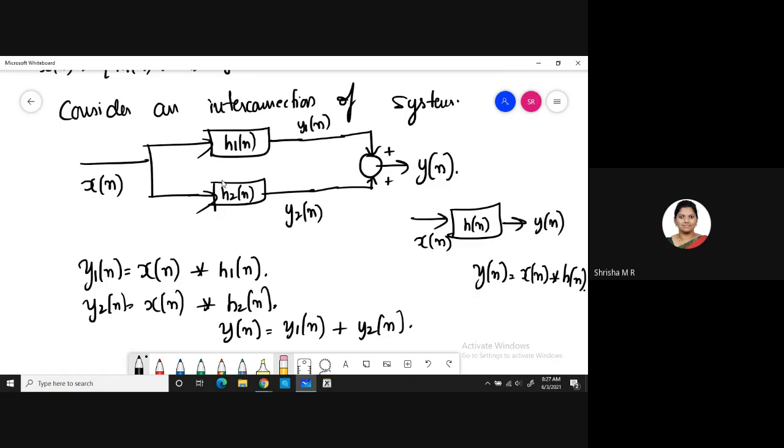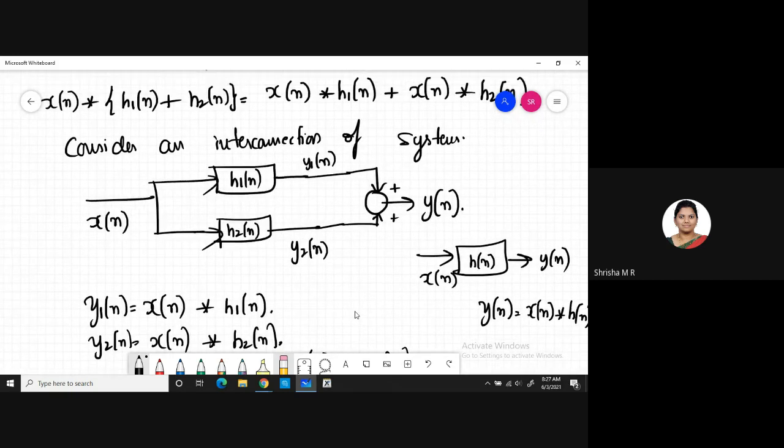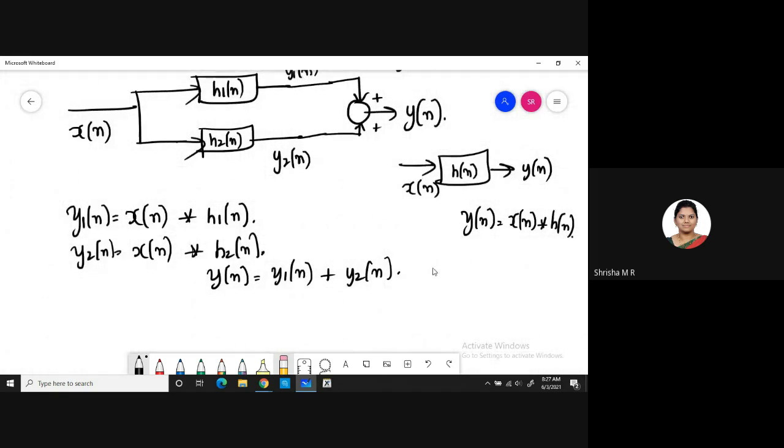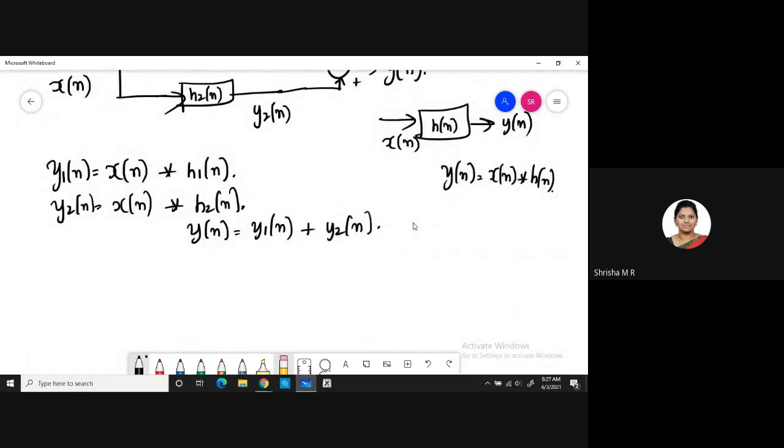So we are taking the RHS and trying to prove the LHS. I can write y of n as x of n convolved with h1 of n plus x of n convolved with h2 of n. So this is the RHS.